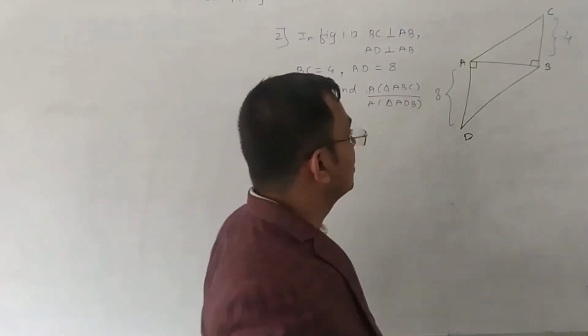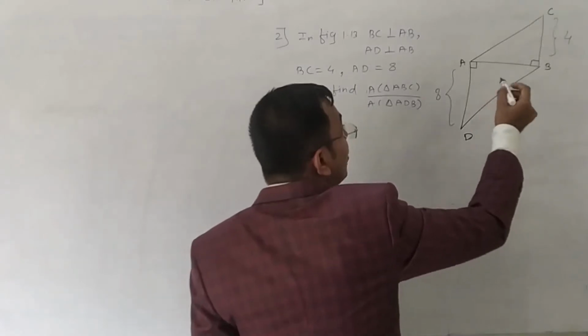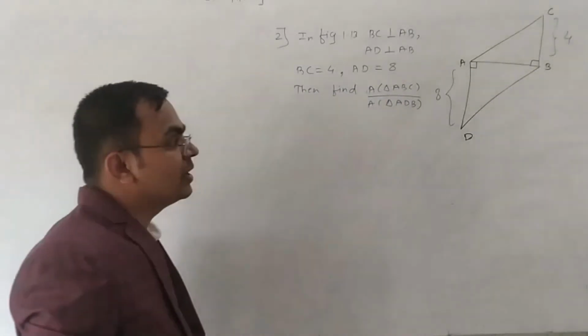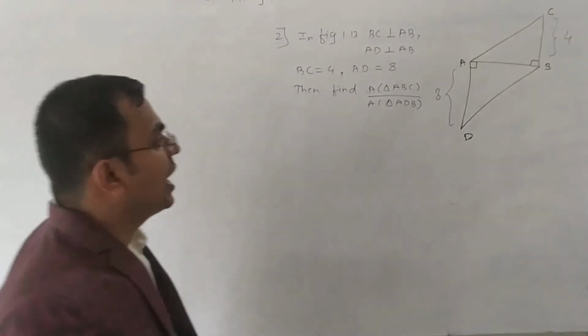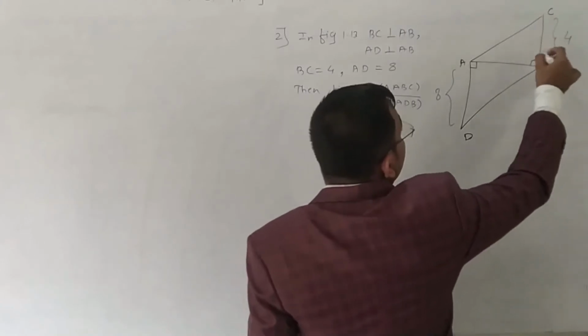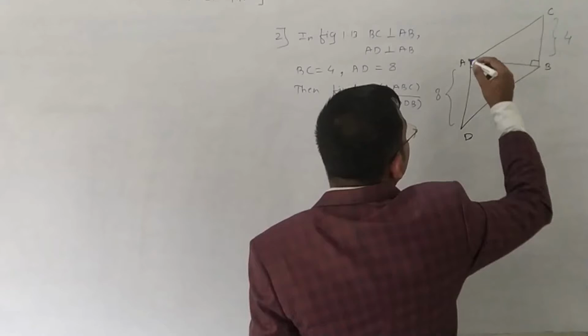So ADB is this triangle. These two triangles have common base AB, and this will be the height of both triangles. Means BC is the height of triangle ABC and AD is the height of triangle ADB.